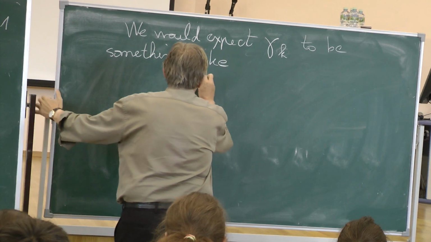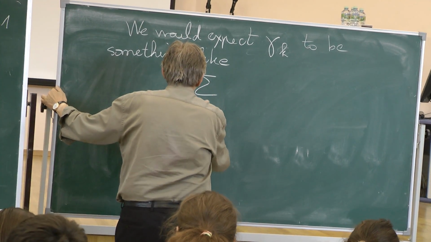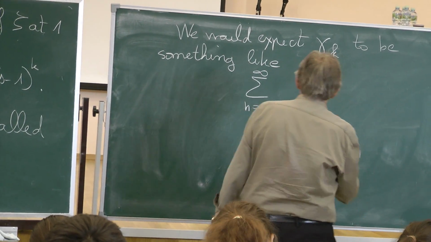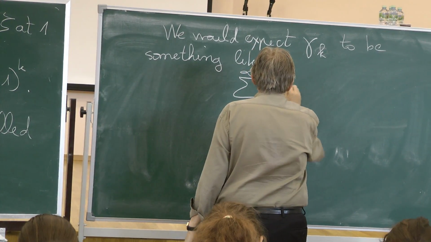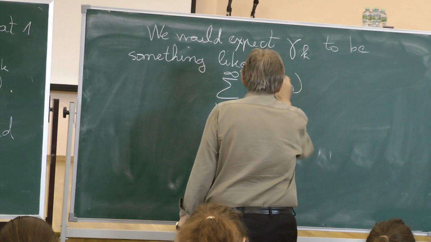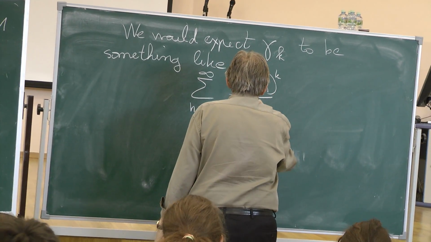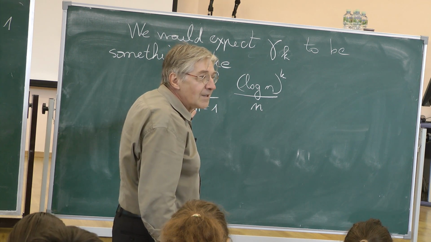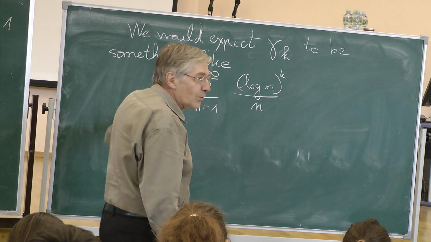So something like the sum for n going from 1 to infinity of log n to the power k divided by n. Of course, this does not make sense because my series does not converge.